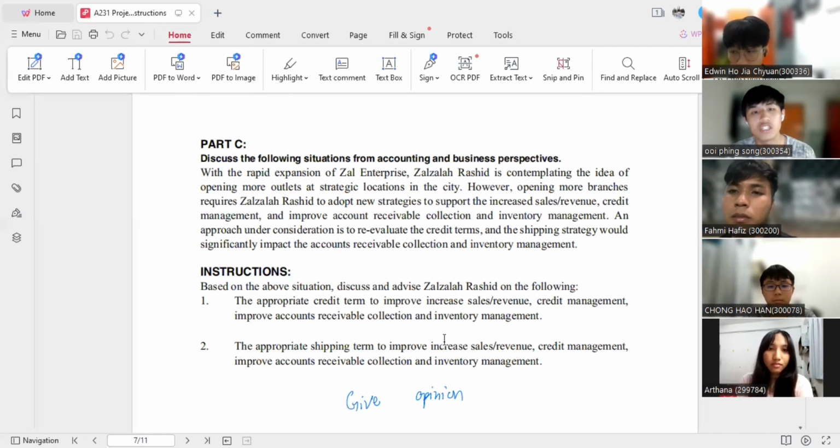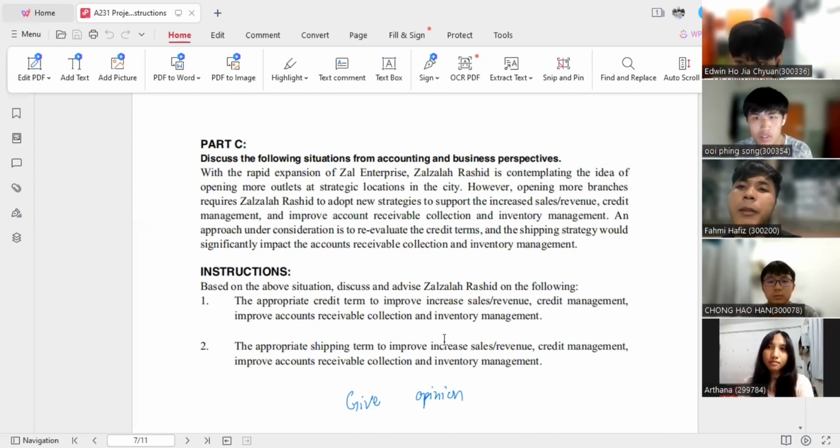Based on this situation, what is your opinion? So I think that Zai Enterprise can offer a standard net 30 days credit term, but provide a discount for early payment. For example, a discount if paid within 10 days. Are you guys okay with my point?